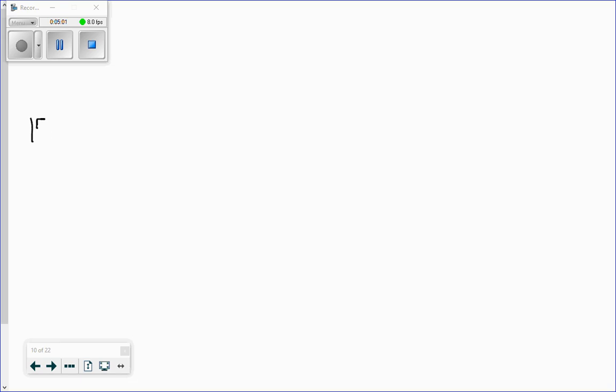Okay, so how many blanks do we draw? 3. So this is gold, this is silver, this is bronze. How many runners do you have to pick from to get gold? 8.